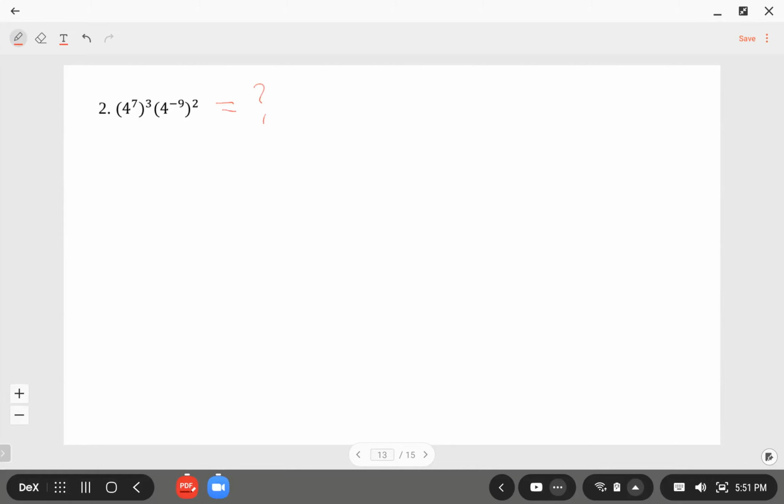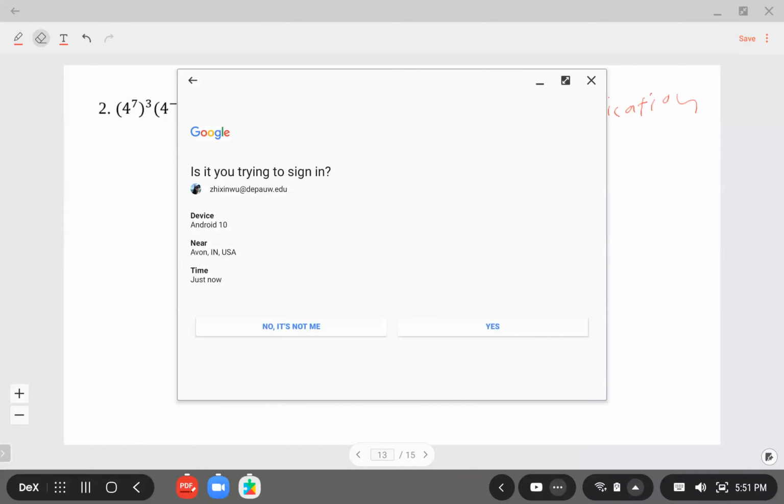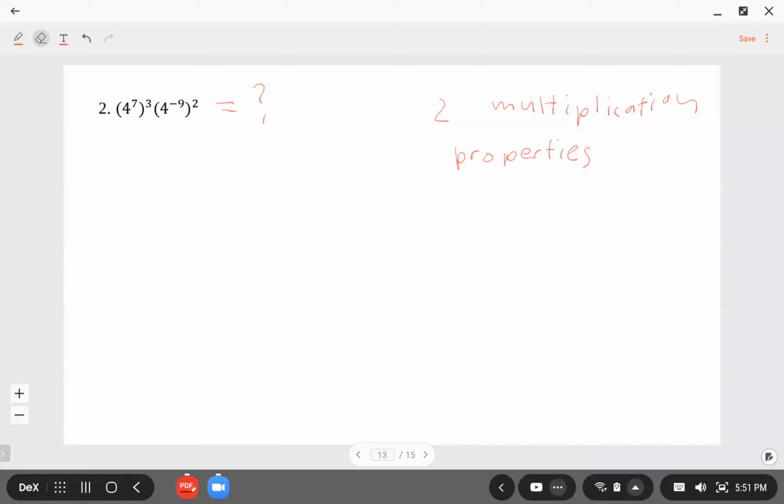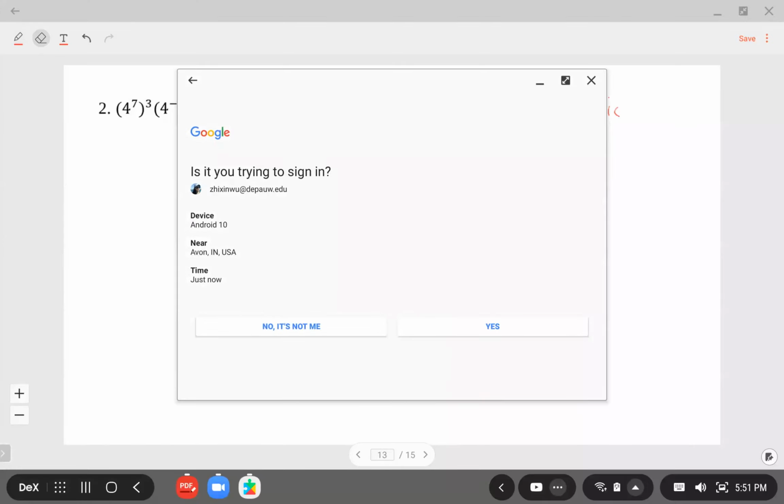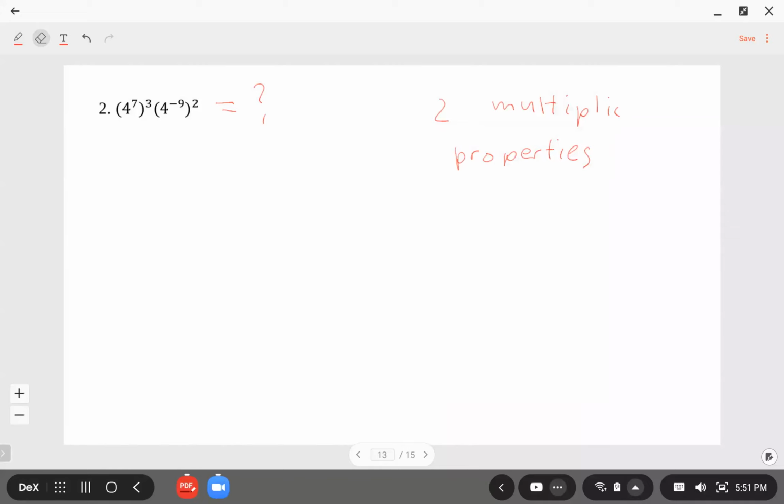Remember, I think we're using two multiplication properties. And actually, bonus question. If you can tell me which two multiplication properties we're using here, that is a bonus.